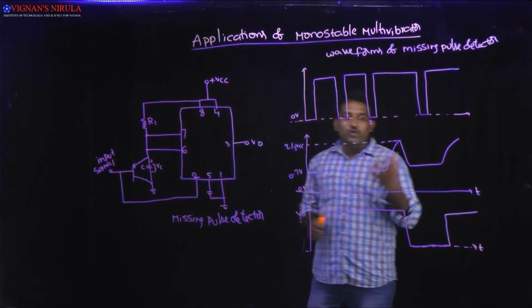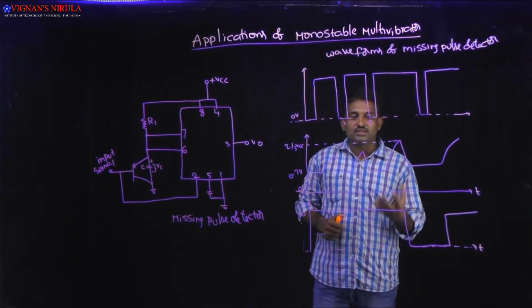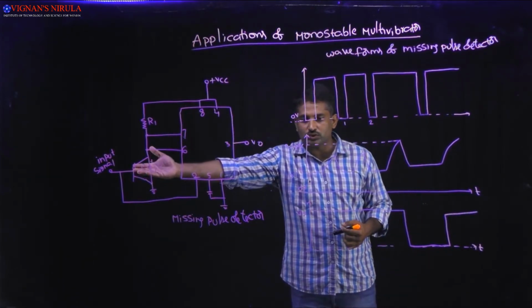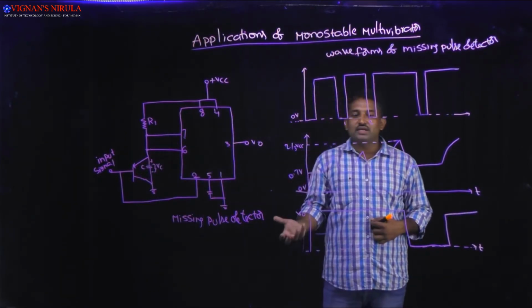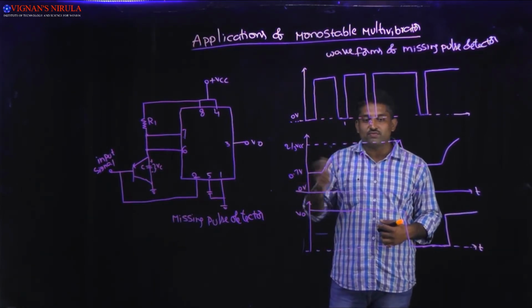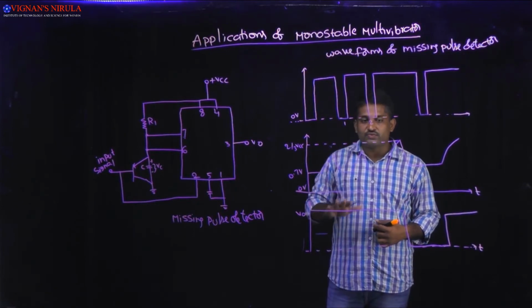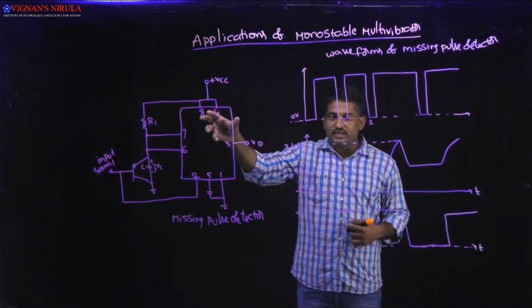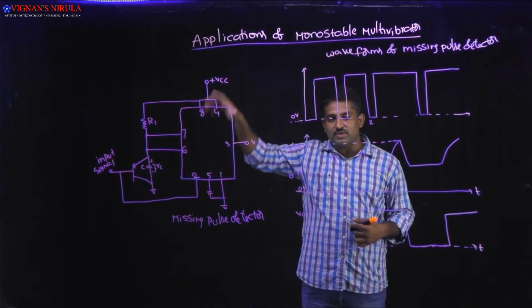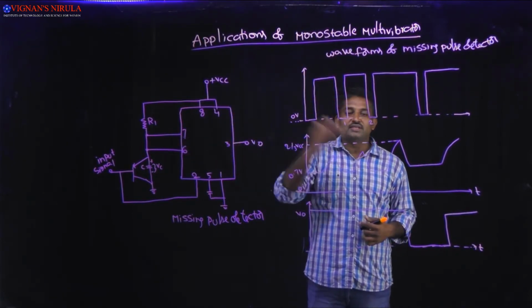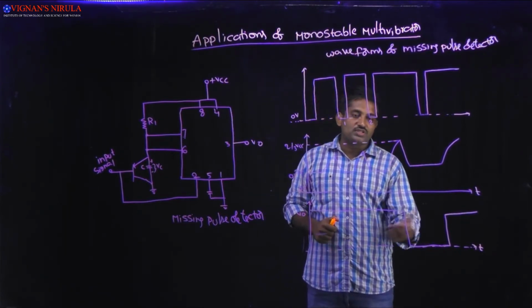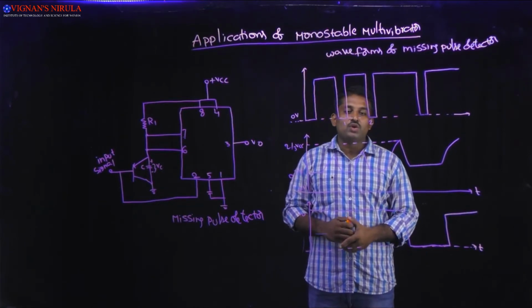Before the 555 completes its timing cycle, if the input goes low again, the capacitor voltage is immediately reset to 0.7 volts. If the input doesn't go low before completion of the timing cycle, then it enters normal operation and produces the output signal as a low signal.